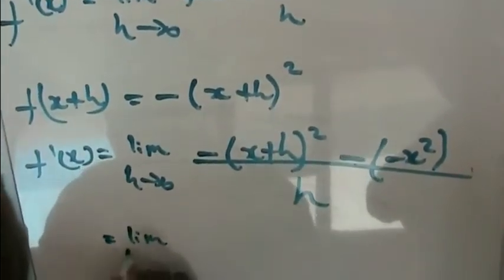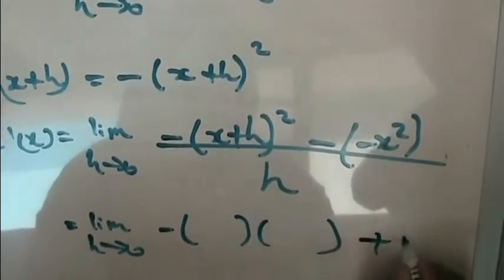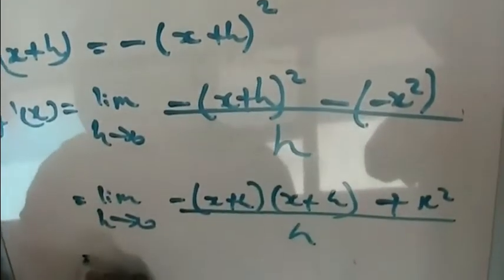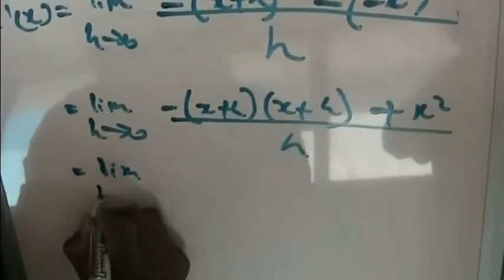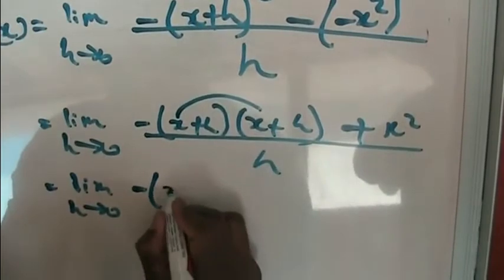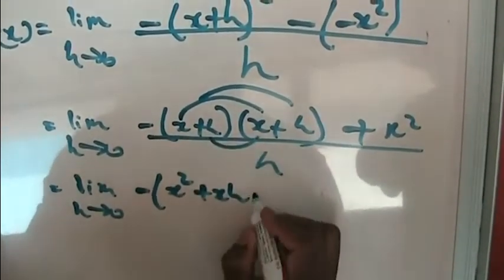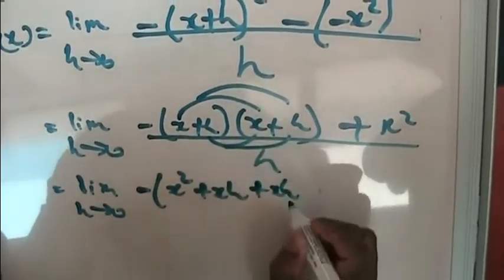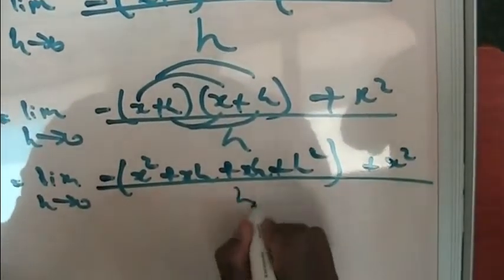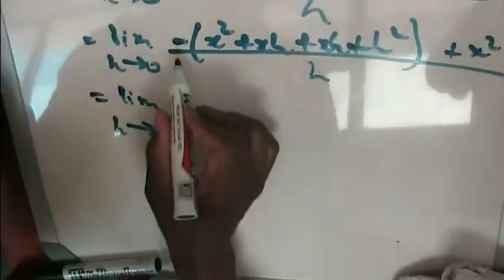That is equal to the limit as h tends to 0 of negative x plus h all squared plus x squared over h, that is equal to the limit as h tends to 0 of: x times x is x squared, x times h is plus xh, h times x is plus xh, h times h is plus h squared, plus x squared over h, is equal to the limit as h tends to 0.